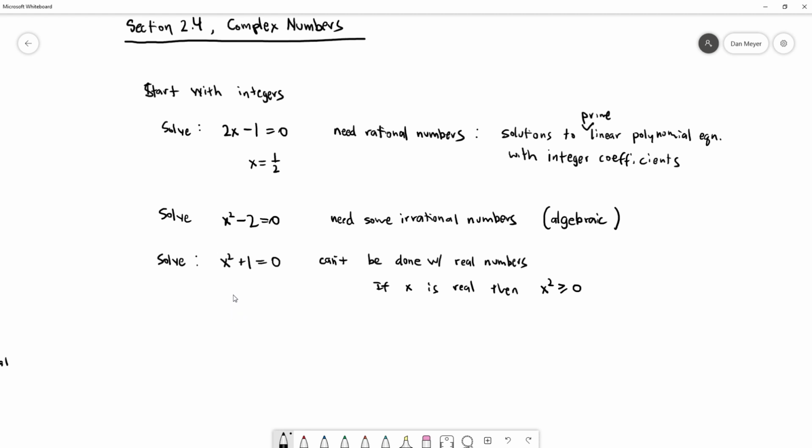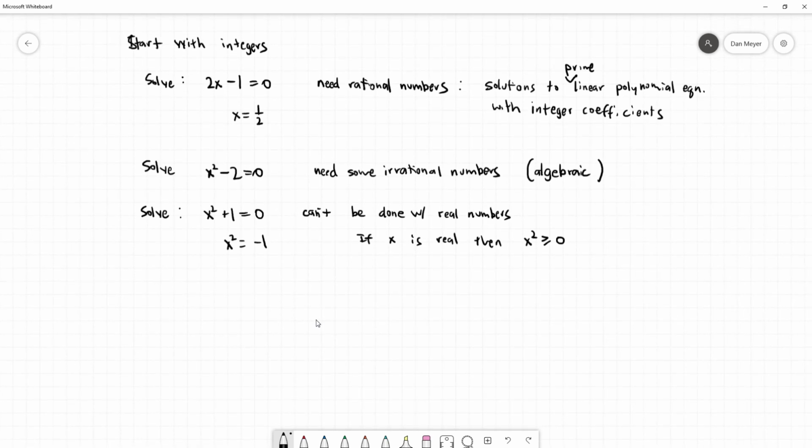Again, this equation would be equivalent to x squared is equal to -1. We need to make up a number that, when I multiply it by itself, gives me -1. And we're going to do that. We're going to "invent" a new number i. I put this in quotation marks because there's an interesting question: do we invent mathematics or do we discover it?